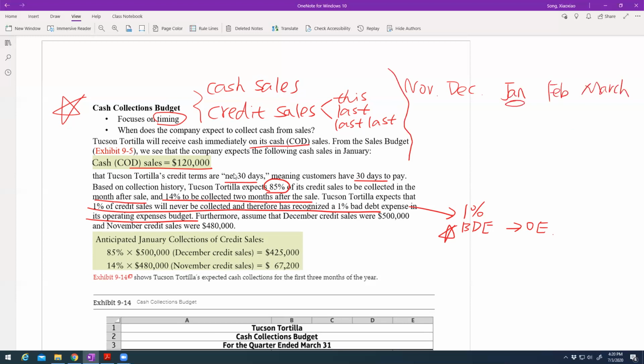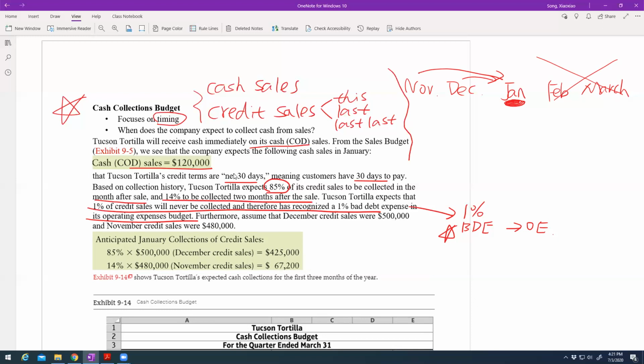So for January, you collect the cash from your January sales. You also collect cash from December. You also collect cash from the sales in November. You never look at the months after January. When you collect the cash, you always collect cash from the sales made in the previous months, right?